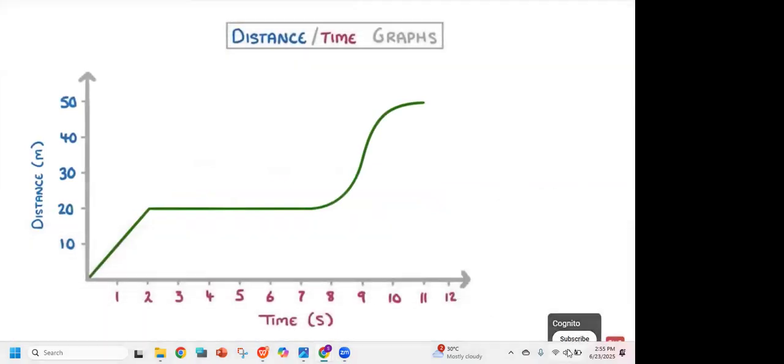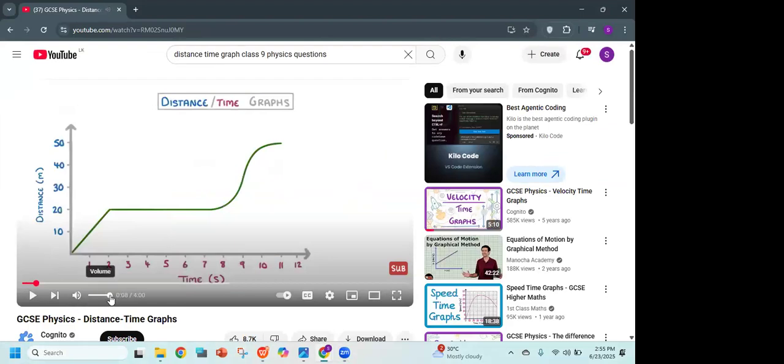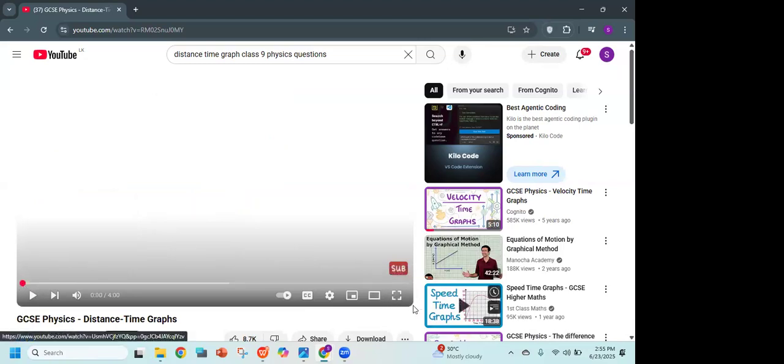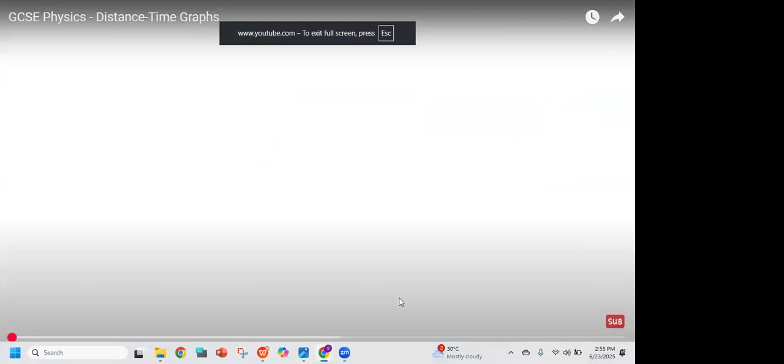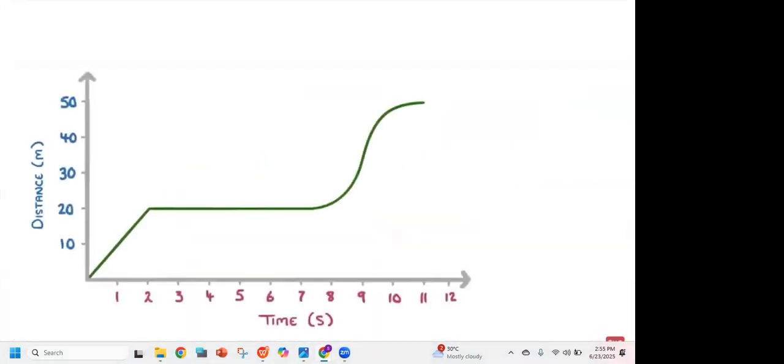Distance time graphs, like this one here, allow us to visualize how far something has traveled in a certain period of time.